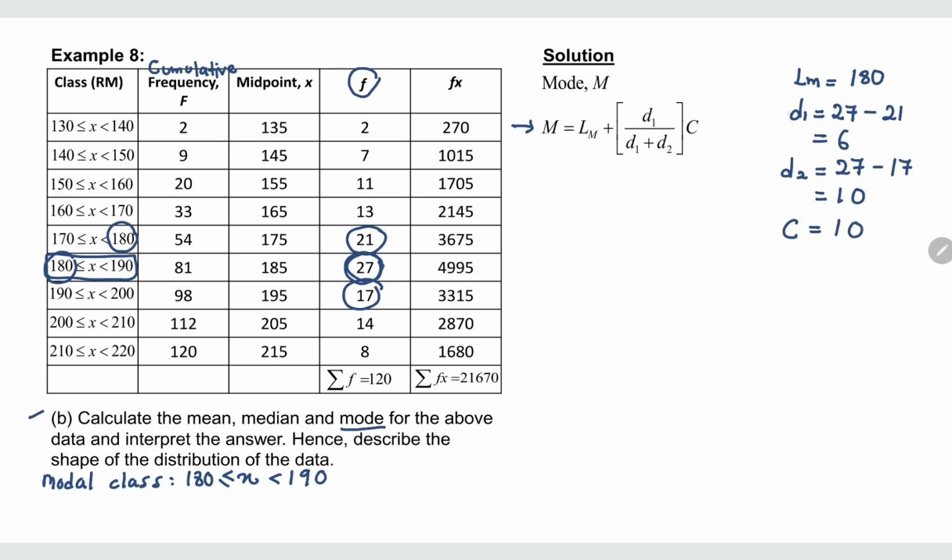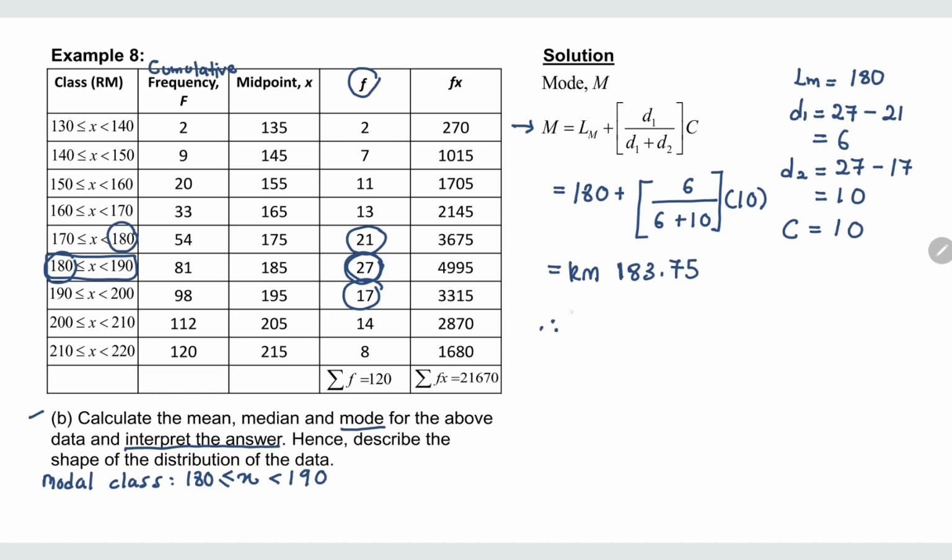Now you can substitute this information in the mode formula. So we have 180 plus, in the bracket, 6 divided by 6 plus 10, times 10. So the answer is RM183.75. Next, we must interpret the answer.